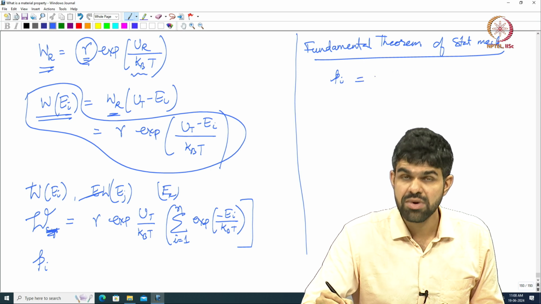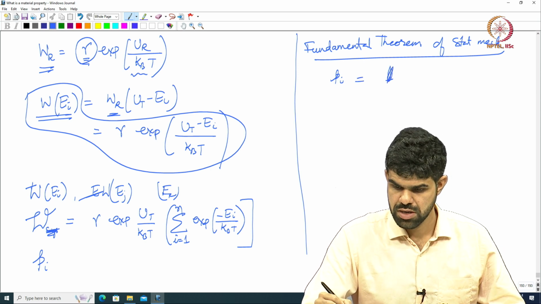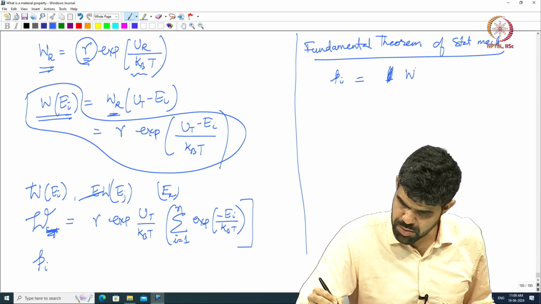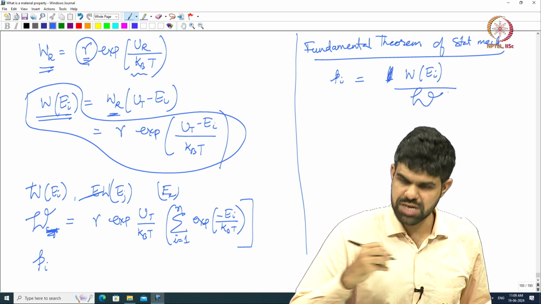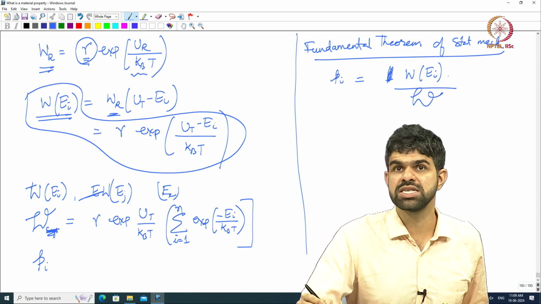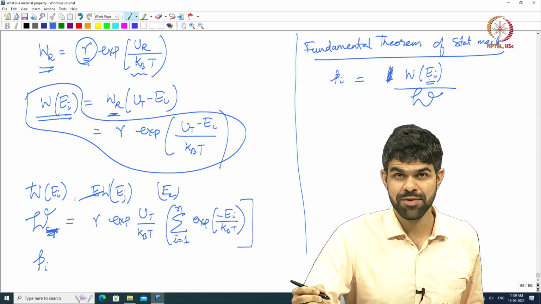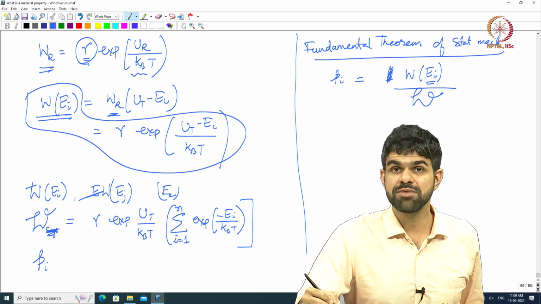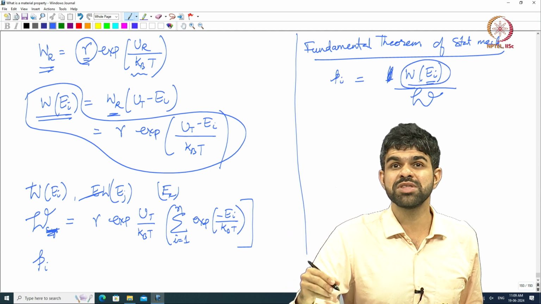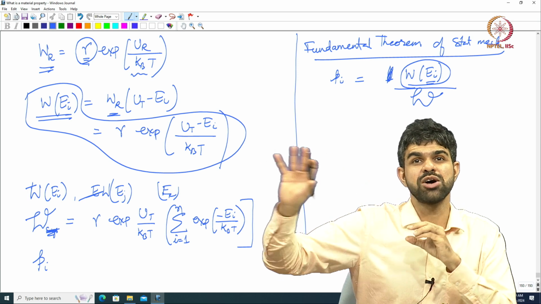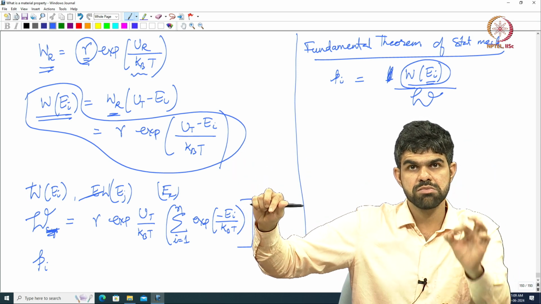So it will just become W of EI divided by capital W, the script W. So the number of states that exist when my particle is in an energy state EI, divided by the total number of microstates. Okay. And all these W of EI are actually coming from the surroundings. The system still has only one microstate. The particle is in EI.